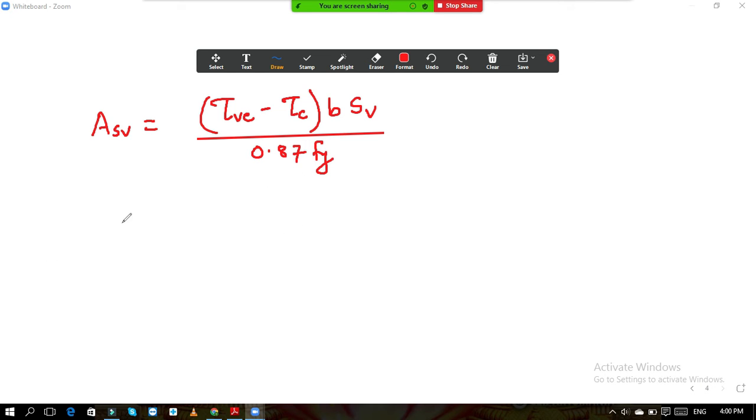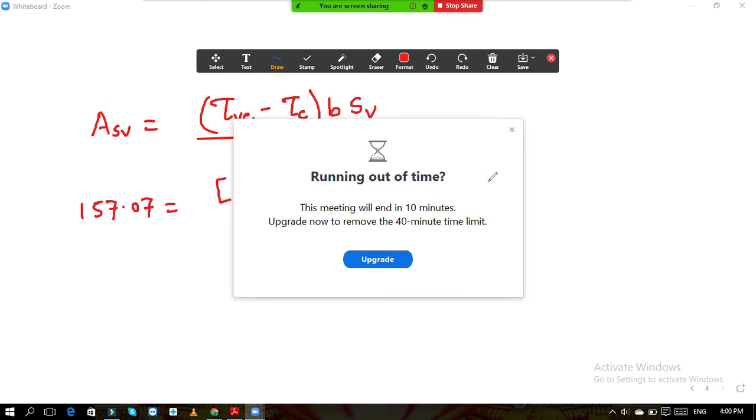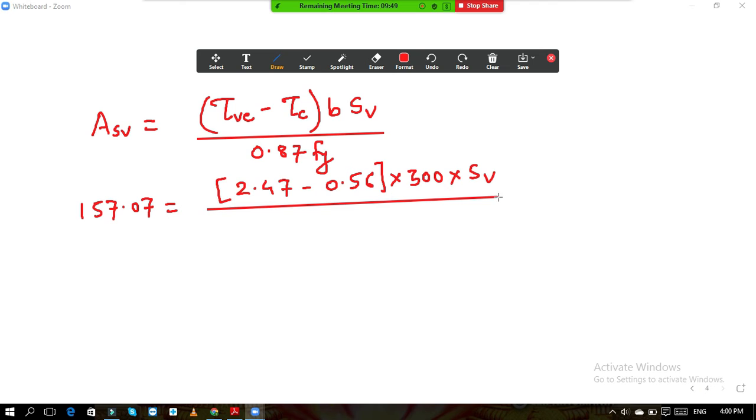Now put the values over here: 157.07 equals, in the bracket, tau_v was 2.47 minus tau_c was 0.56, into b is 300, into Sv as it is, whole divided by 0.87 into 415.